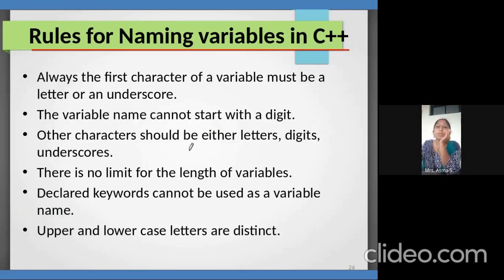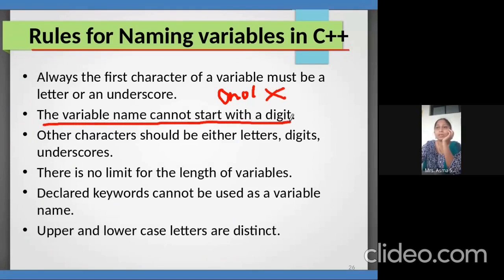But always remember, it is up to us what name I give to my variables. But I cannot start a variable name with a digit. Like I cannot have 0 and then number 1. It is not allowed. Always remember, a variable name cannot start with a digit.